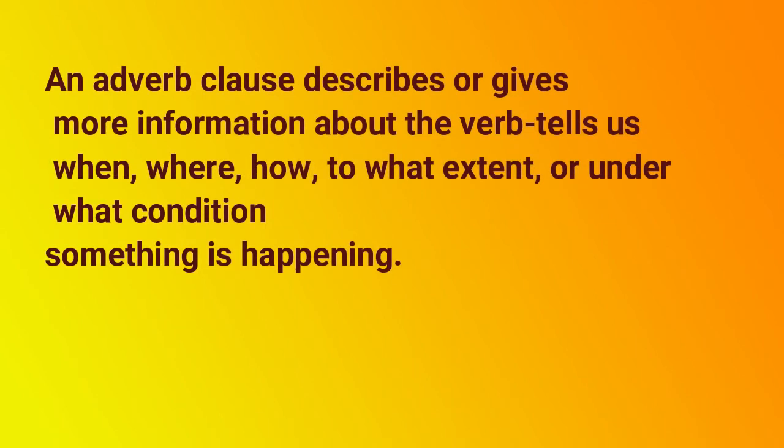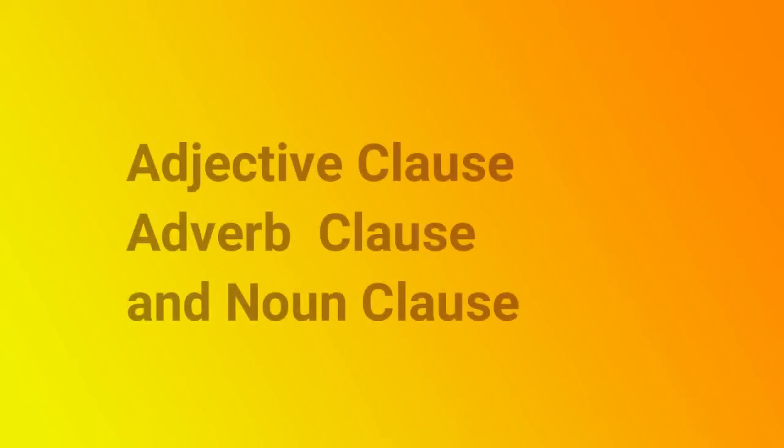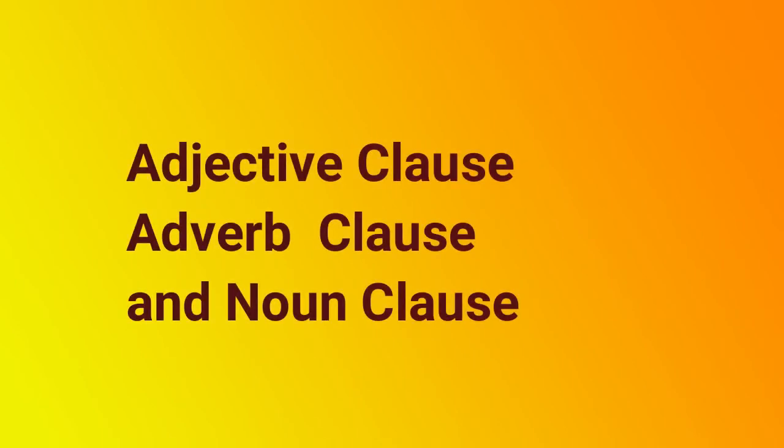An adverb clause tells us when, where, how, to what extent, or under what condition something is happening. So you have understood the three main dependent clauses: noun clause, adjective clause, and adverb clause.